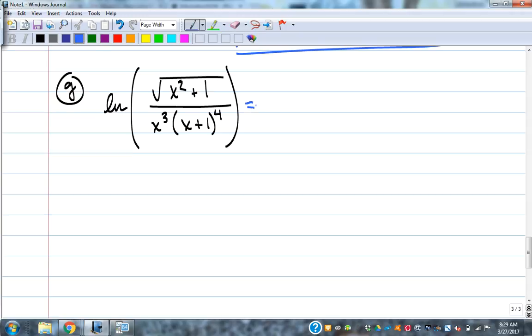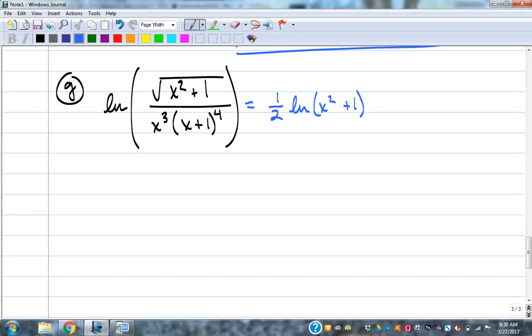So it's a fraction, so it's going to turn into what? Subtraction at some point here. So what's the front part of the subtraction, the first term? It'd be 1/2 natural log of x squared plus 1. The squared right there doesn't matter, because it's inside of the log.